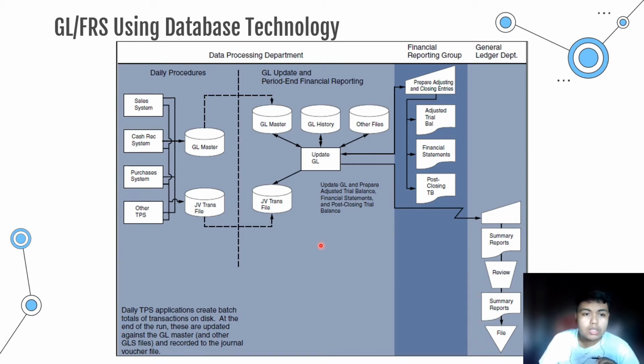So dito sa when using database technology, ang trabaho na lang dito is i-monitor yung flow ng financial reporting system. I-monitor mo na lang kung tama or i-double check mo kung tama ba yung i-input sa general ledger.